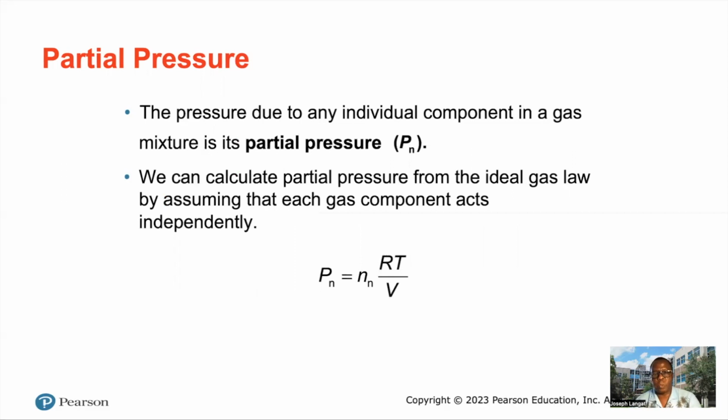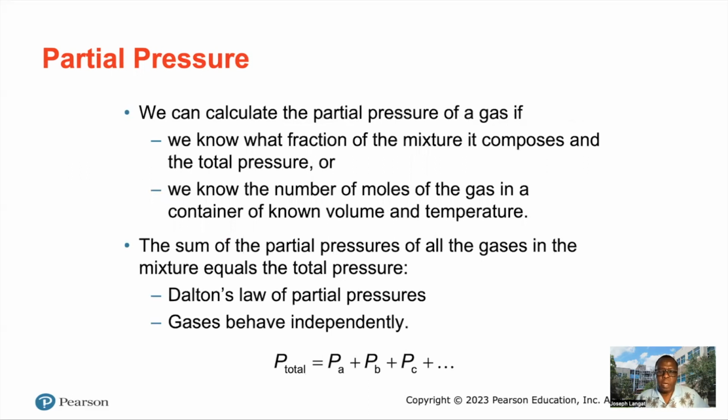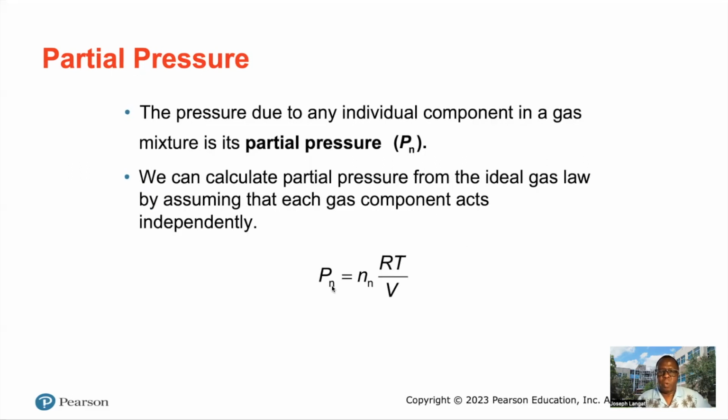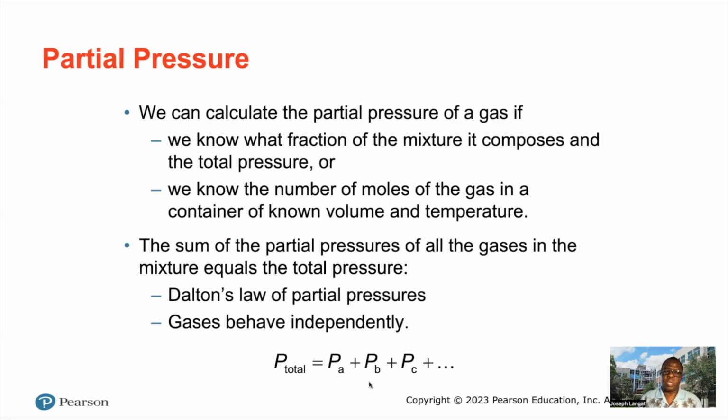The partial pressure is given by the number of moles of that gas sample times the universal gas constant times temperature over volume, where n stands for moles of gas, volume is in liters, and R is the universal gas constant.